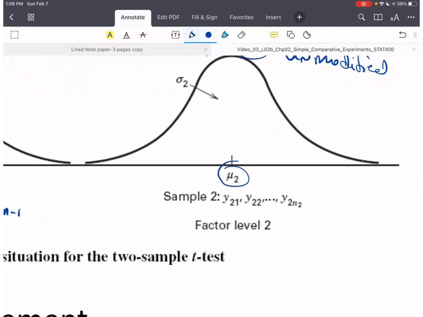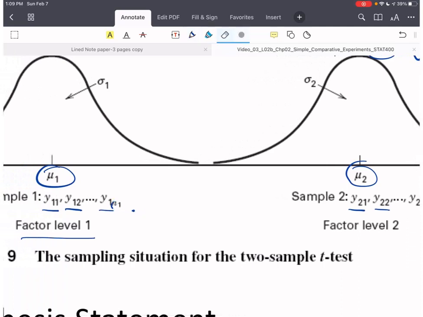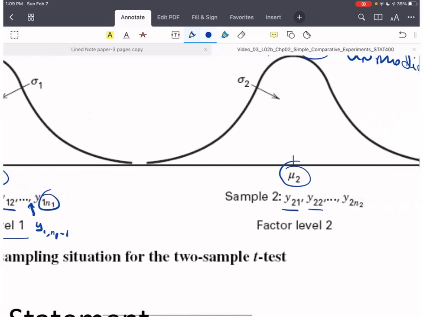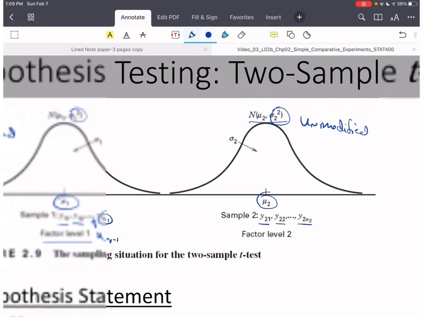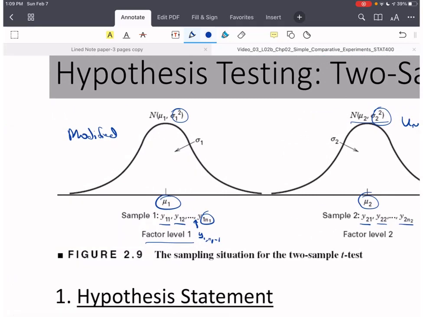Then under the second sample, we'd have y21, y22 up to y2, n2. So y1, n1 is the last observation in the modified group, and y2, n2 is the last observation in the unmodified group. So that's our sampling situation.